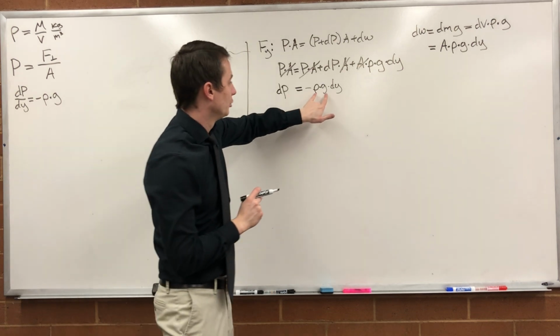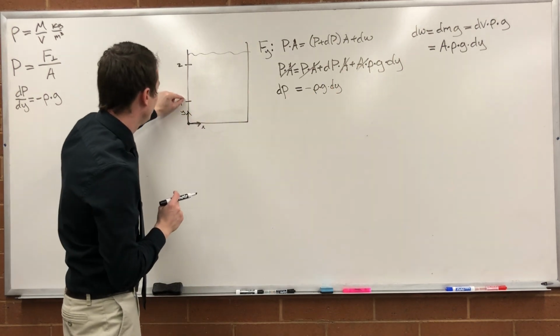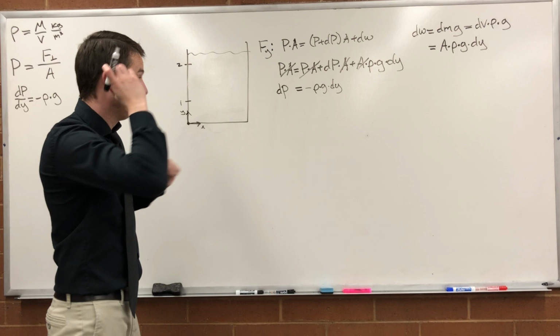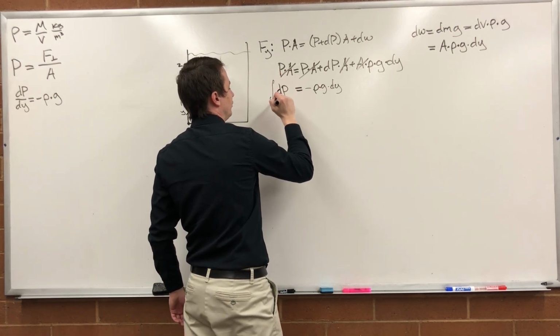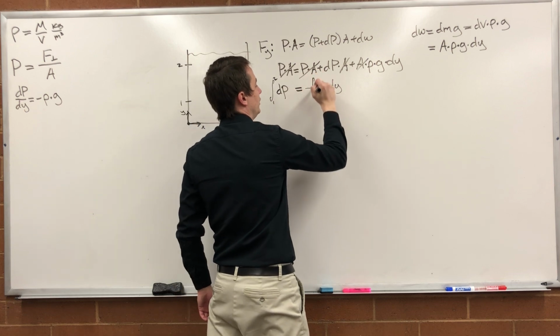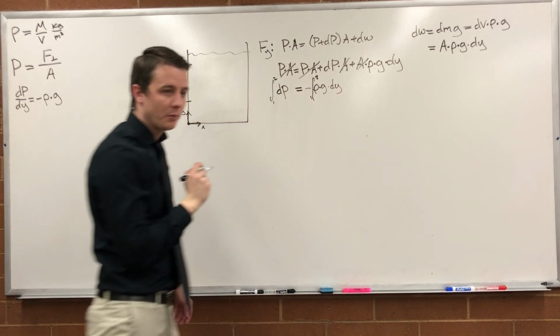And that will also be the total change in the y, where our y changes from point 1 to point 2. In other words, I'm going to integrate both sides of this equation now, from point 1 to point 2.